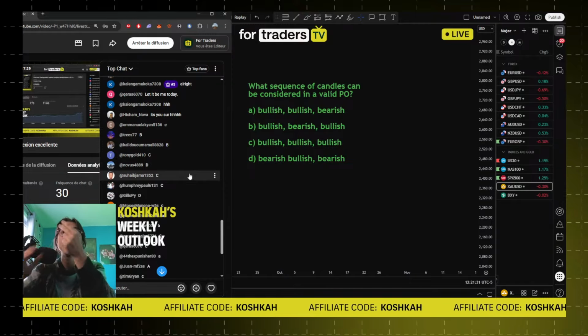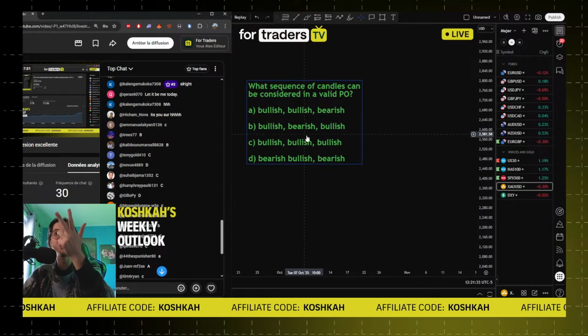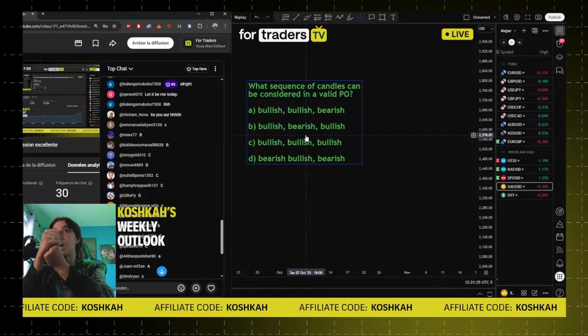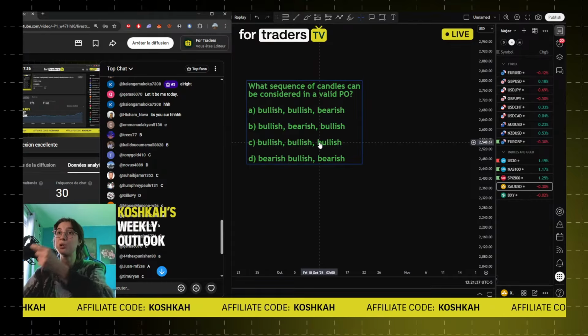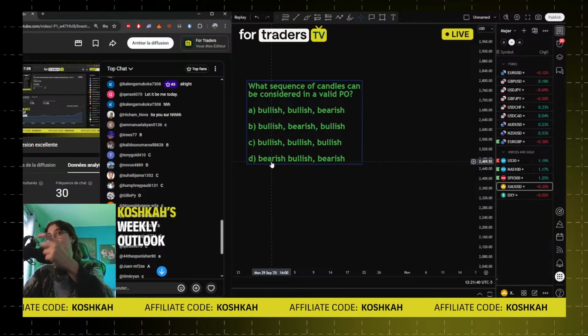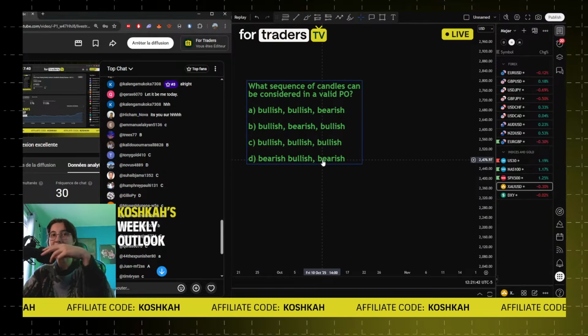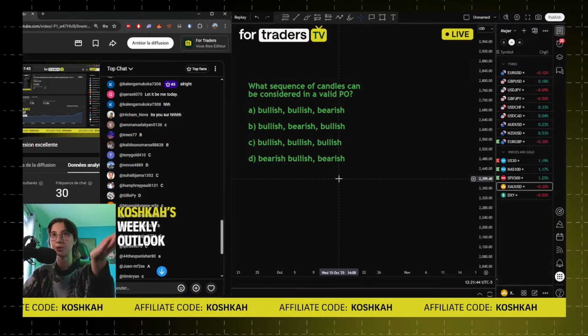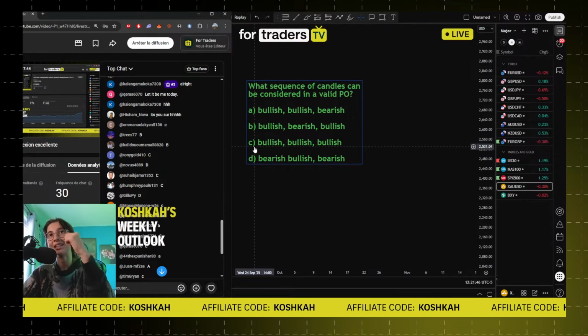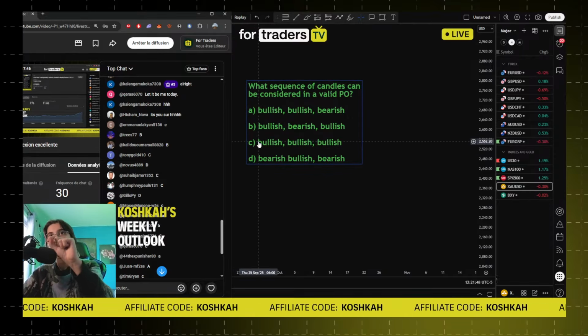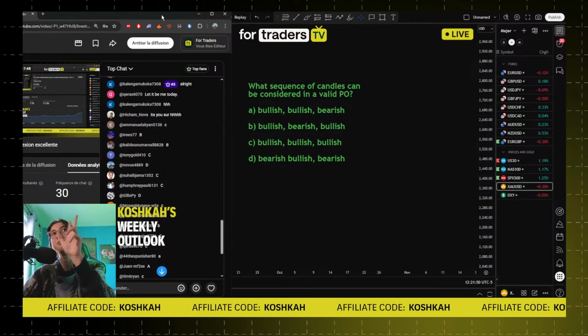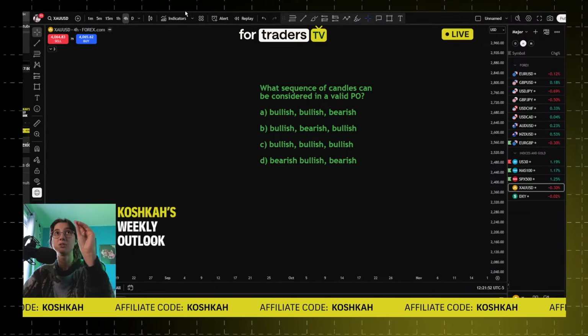Same thing for this one. Bullish, bullish, invalidation of the sequence. They're not the same color. This one works, it's the same color. And here, bullish, bullish, invalidation because there is an opposite color candle right here. So the right answer is C: 3 same color, same direction candles.